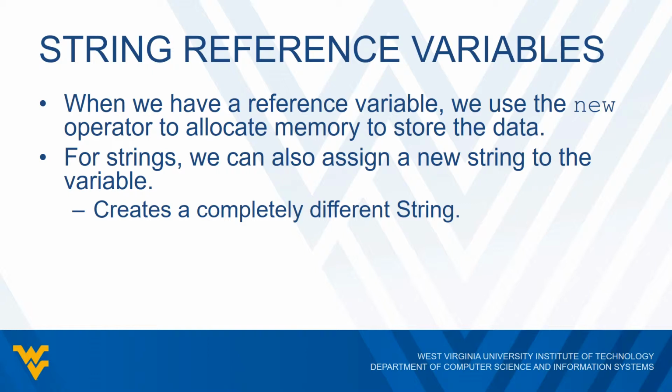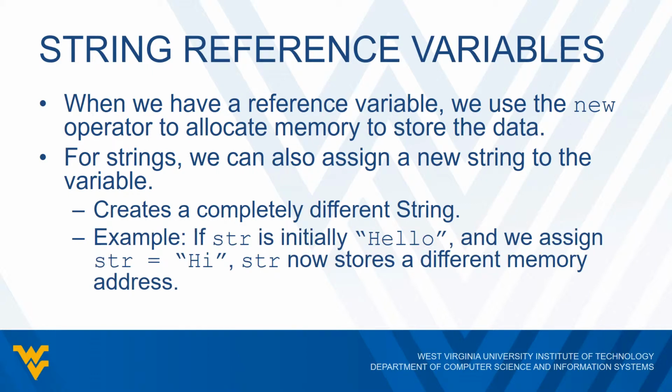So this would end up creating a completely different string from what was originally stored in our string variable. So for example, let's say I have str be initially hello. And let's say I want to assign the string hi to it by just saying str equals hi. Now that means that str now stores a brand new memory address instead of just the string itself.